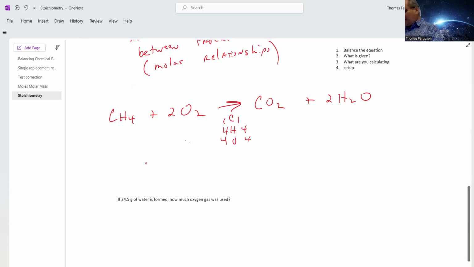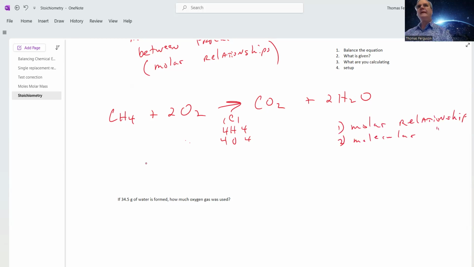Okay, and remember, a balanced equation is a molar relationship, and a molecular relationship. So we can't do anything with oxygen gas and water unless we're talking moles.